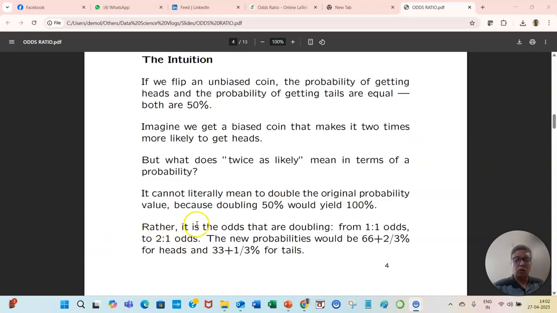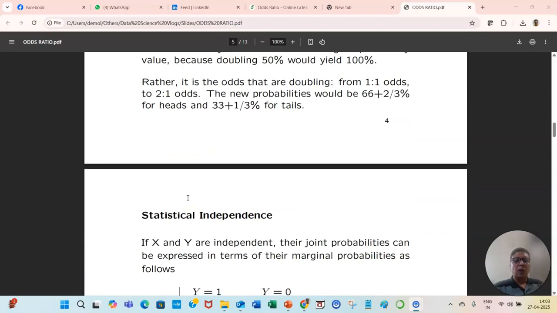Rather, it is the odds that are doubling, from 1:1 odds to 2:1 odds. The new probabilities will be 66 and 2/3% for heads and 33 and 1/3% for tails. So that is the use of odds ratio. That's the story behind the intuition of the odds ratio.